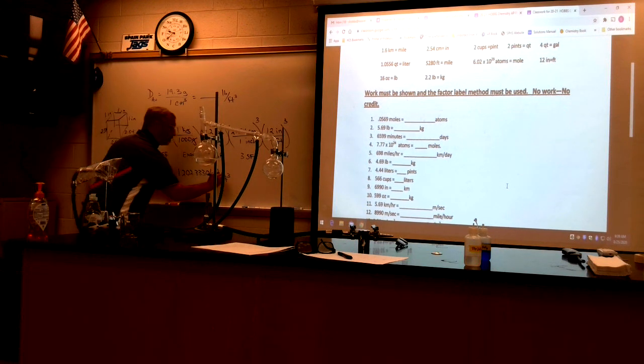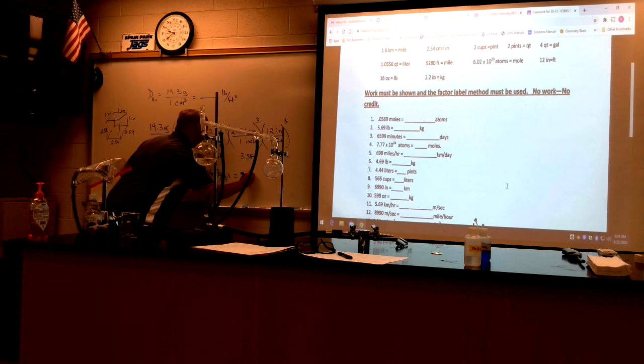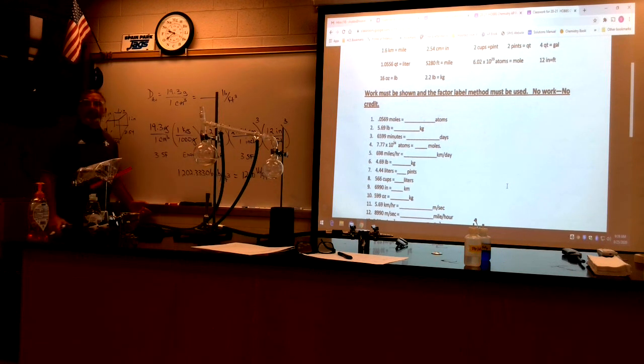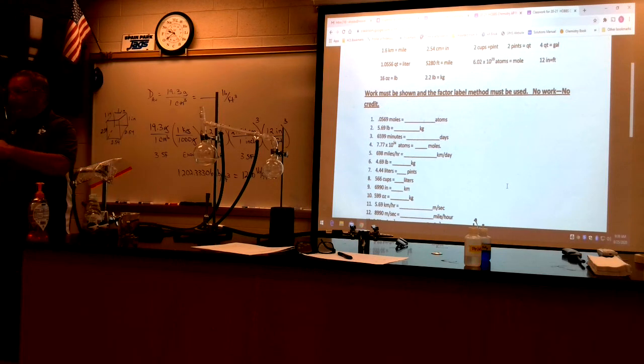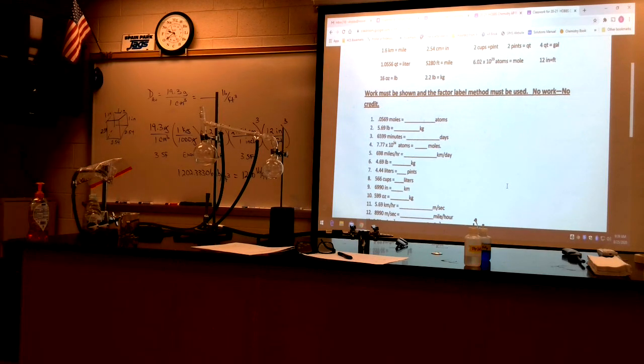Just 1,200. So in other words, a 1 foot by 1 foot by 1 foot gold brick is going to weigh 1,200 pounds.